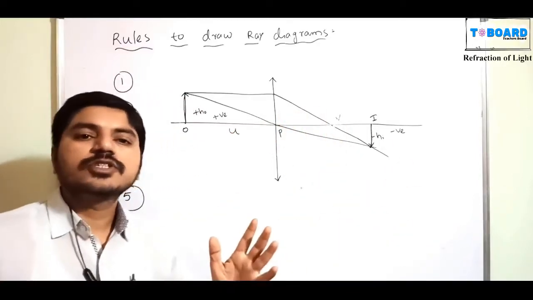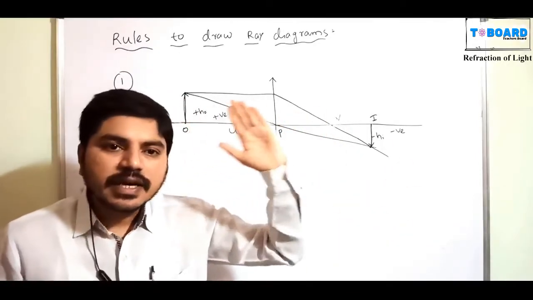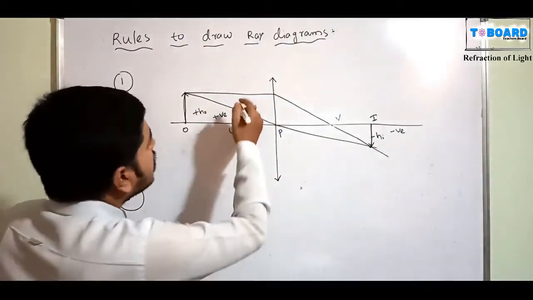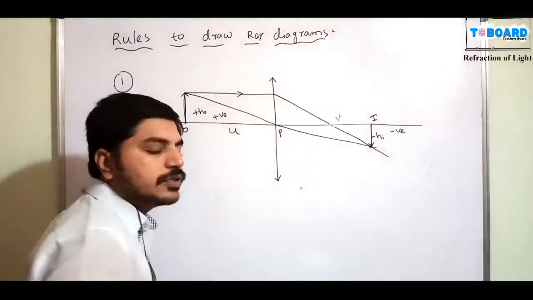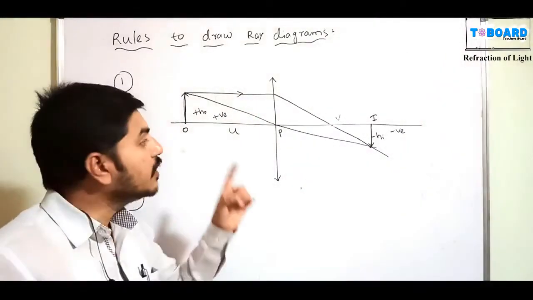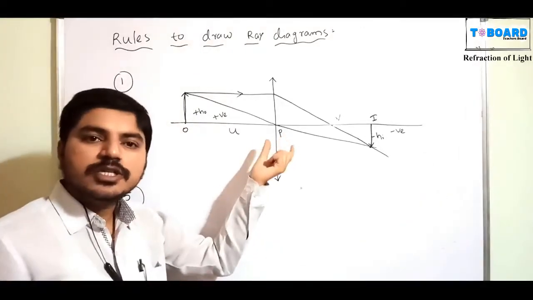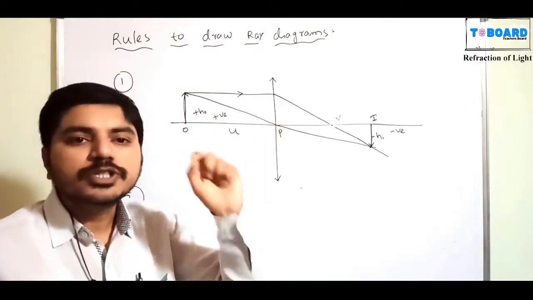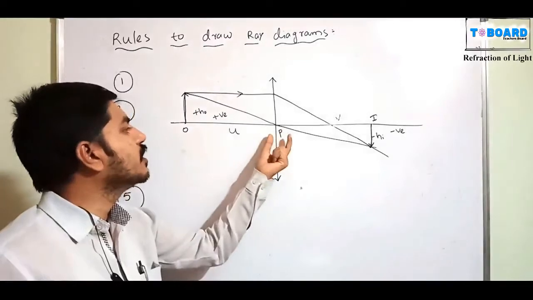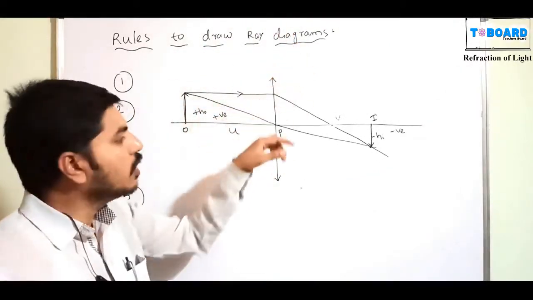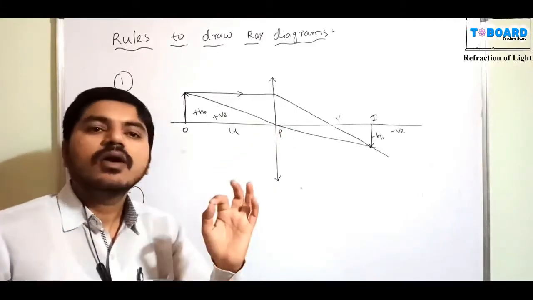The sign conventions: the incident ray direction is positive. For example, this is the incident ray direction, and it is positive. Every time, whether it is object distance or image distance, every measurement is taken from the pole only. Here it should be called the optic center.